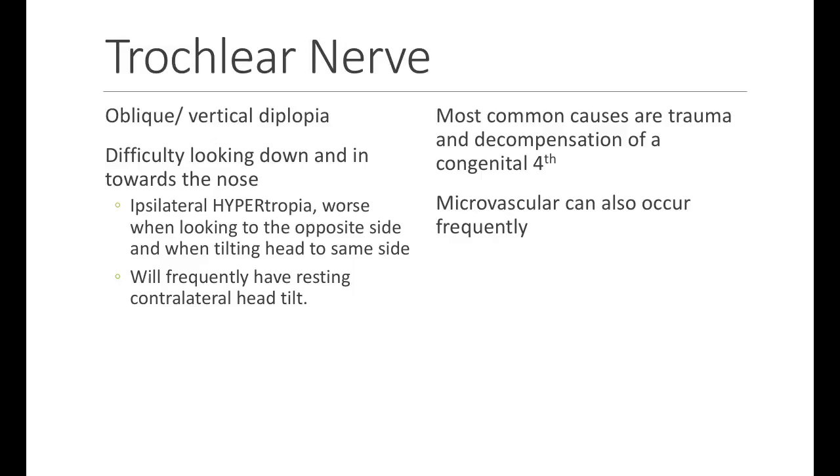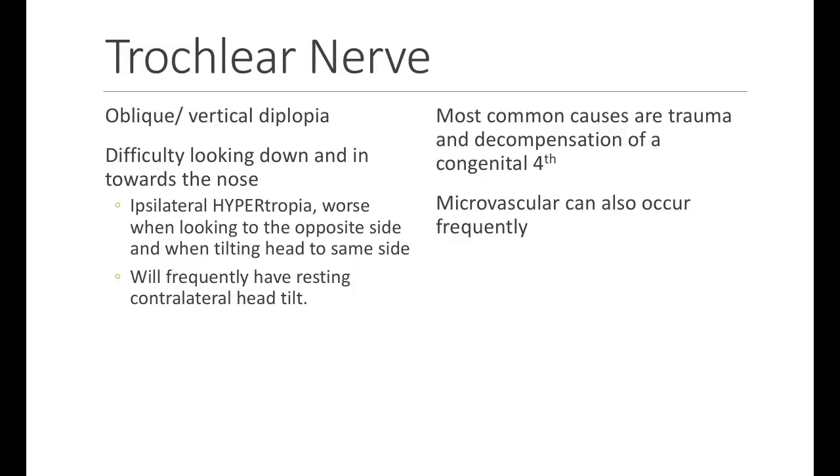Lesion of the trochlear nerve causes an oblique or vertical diplopia. Patients will notice that the vision is worse when they are looking down and in towards the nose. It causes an ipsilateral hypertropia, where the affected eye is higher on the affected side than on the normal side.